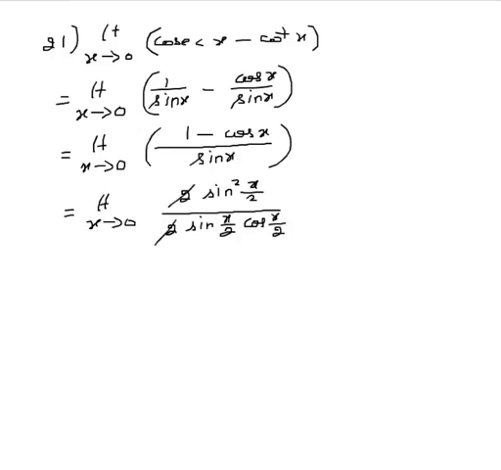Let us cancel the common factors. Limit tending to 0 of sin divided by cos, tan x by 2 it becomes. Apply the limits, so don't write limit tending to 0. It becomes tan of 0 by 2, which is 0, and tan 0 is 0.